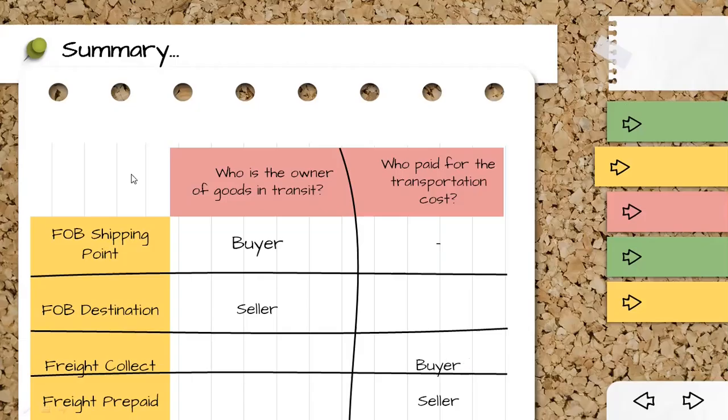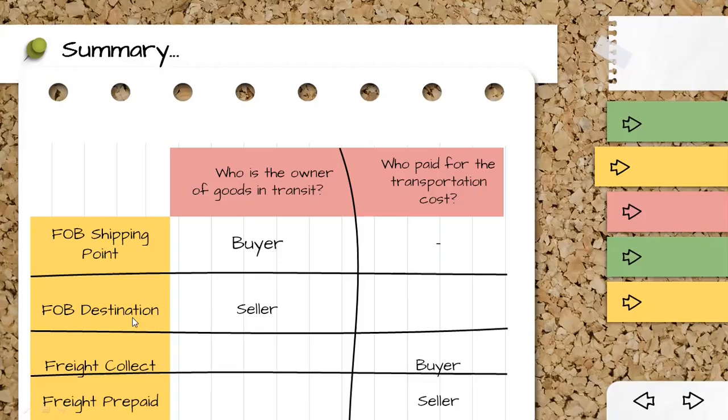But, pag sinabing FOB shipping point tapos freight prepaid, so, ibig sabihin, si buyer ay may pagkakautang pa kay seller in relation to the transportation cost. So, dapat idagdag ito ni seller doon sa receivable niya kay buyer. Or, si buyer, sa point of view ni buyer, magdadagdag siya ng payable, no? Para naman doon sa transportation cost na dapat siya ang nagbayad.